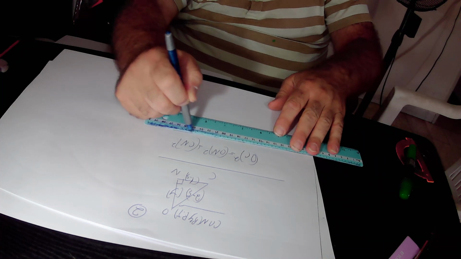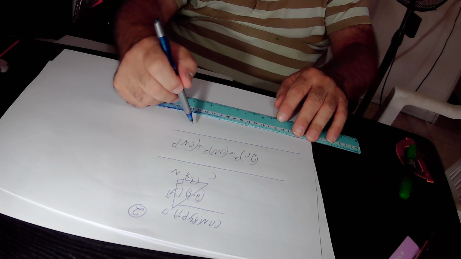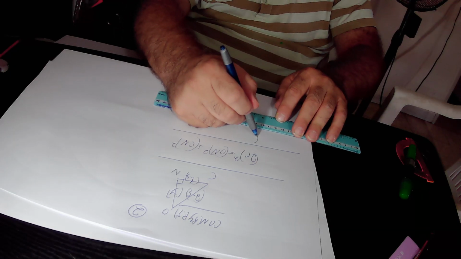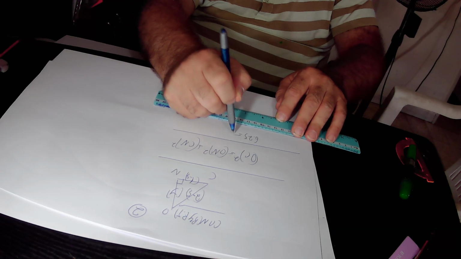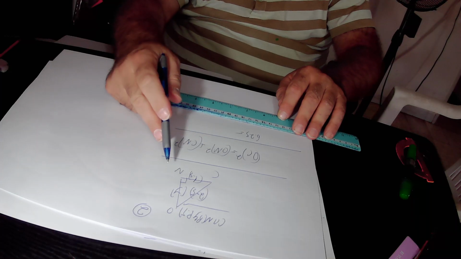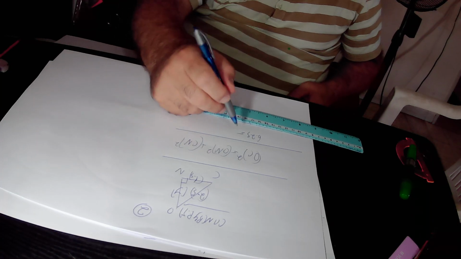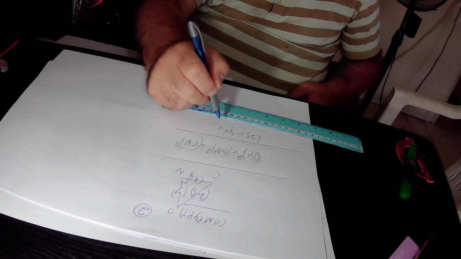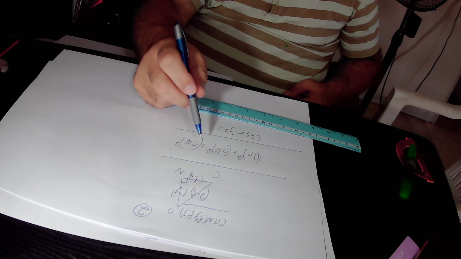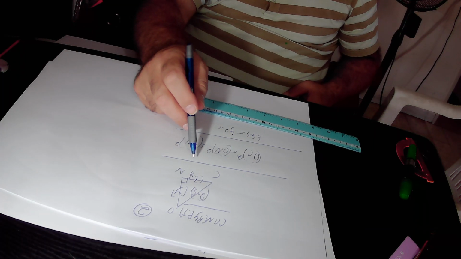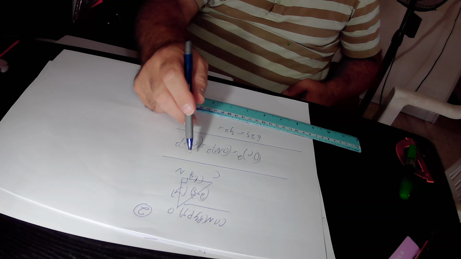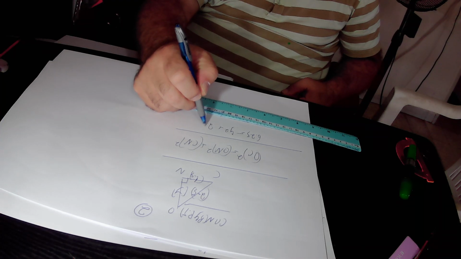OC equals 2.5 units, therefore OC squared is 2.5 squared, that is 6.25, and it equals ON squared. ON is y, therefore ON squared is y squared, plus CN squared. CN equals 1.5 units, therefore CN squared is 1.5 squared, that is 2.25.